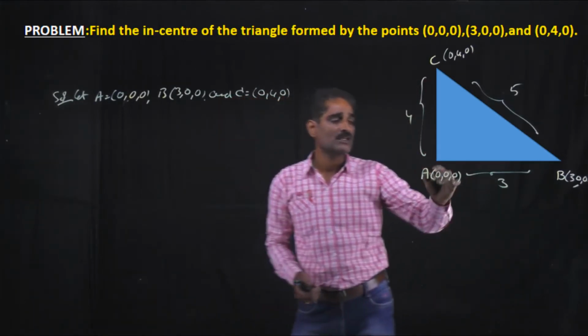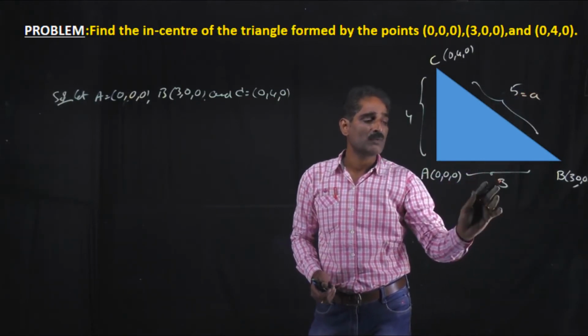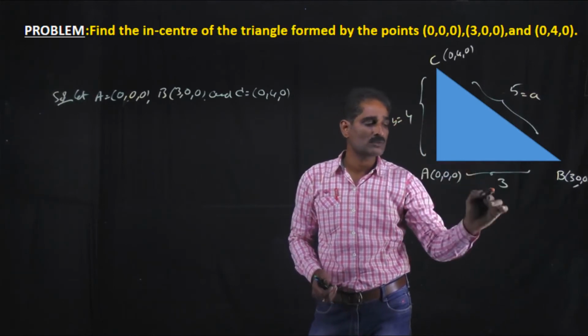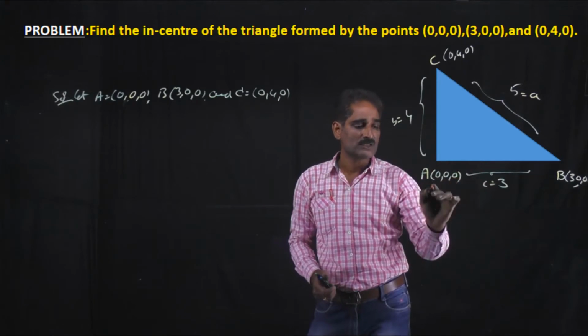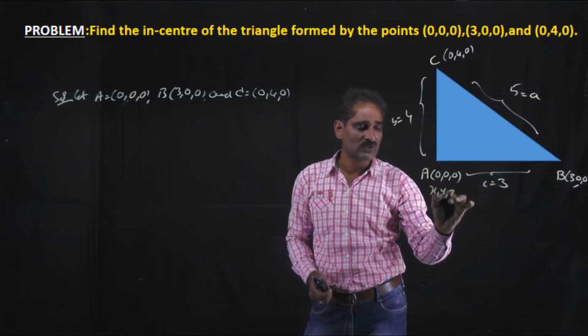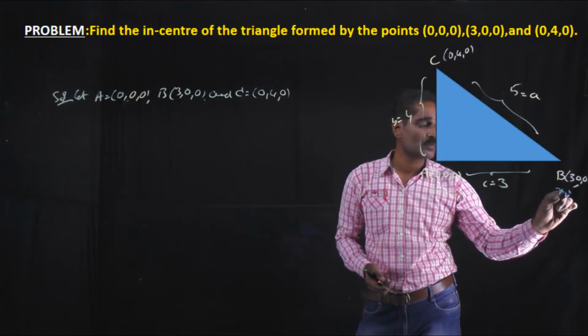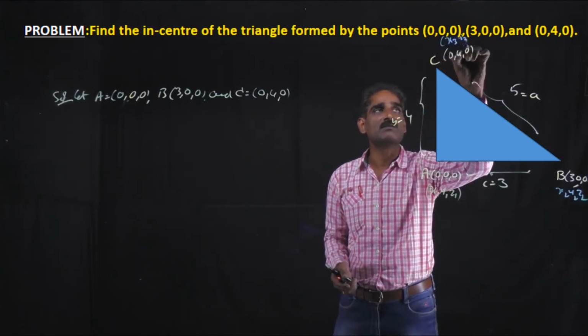Let us take the length opposite to vertex A as small a, opposite to vertex B as small b, and opposite to vertex C as small c. Let us take A as x1, y1, z1, B as x2, y2, z2, and C as x3, y3, z3.